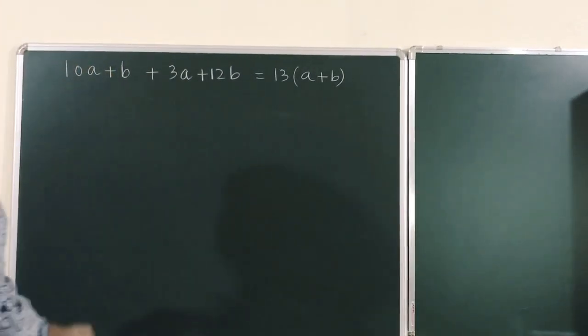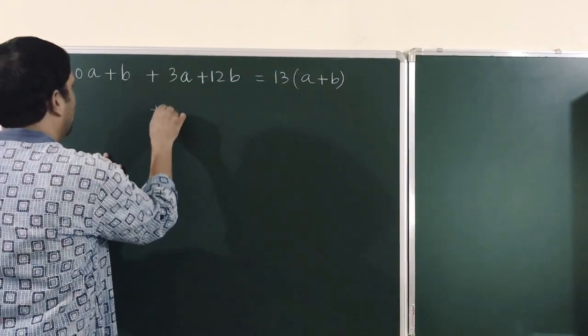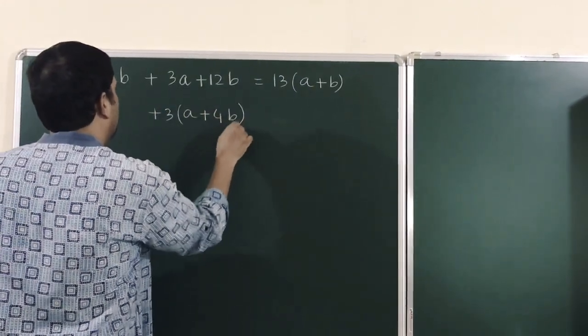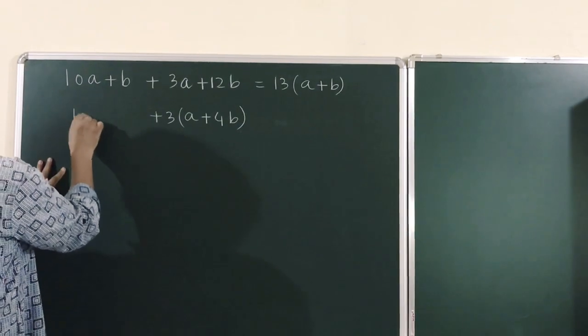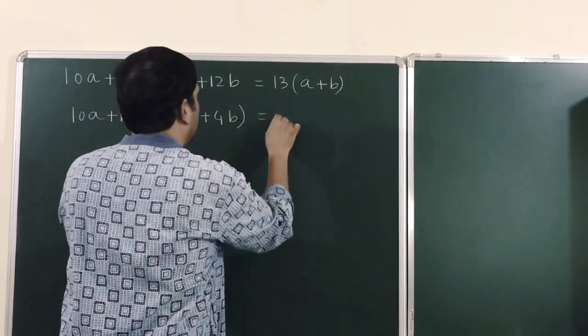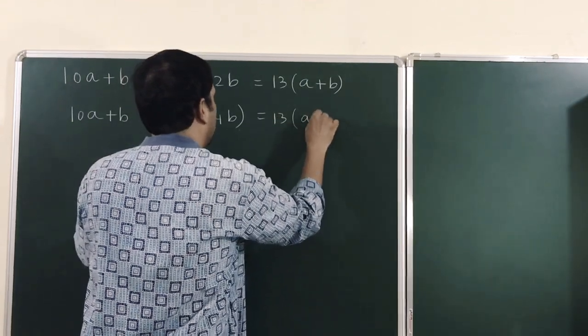You can see there, if here I take 3 common, we'll get a plus 4b. And this side we get 10a plus b, and this is 13 times a plus b.